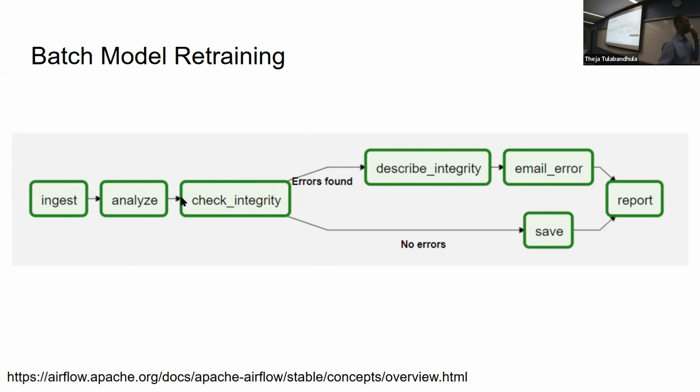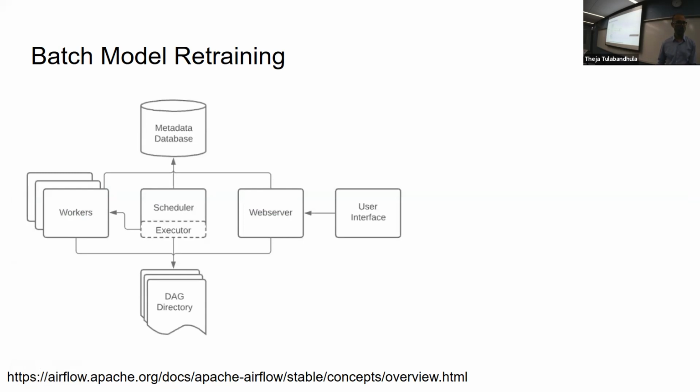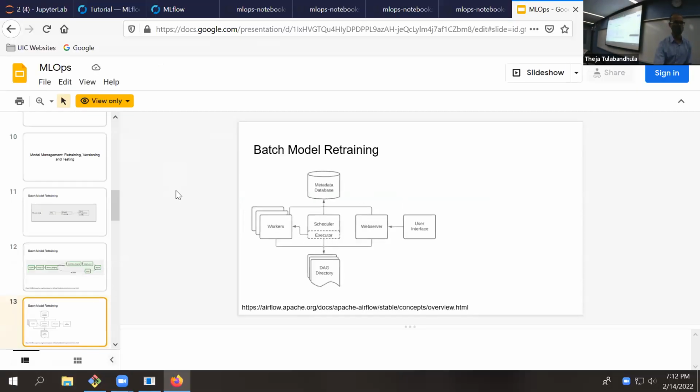Okay, actually this is not related to model training, but it's just a bunch of steps, right? So for example, describe the integrity, email if there is an error, save report. So it's a reporting sequence of jobs that you can modularize and then run repeatedly. Okay? Yeah, so we'll get to this overview when we get to Airflow. So let me not talk about it for a second.